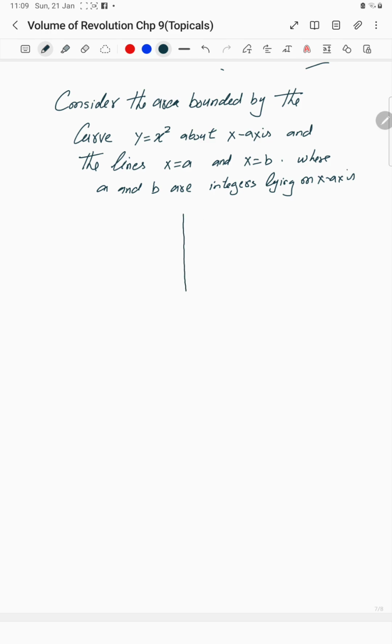If I draw this, I will get this. This is the x-axis, this is the y-axis. So y equal to x square, positively we can say this one is from 0.